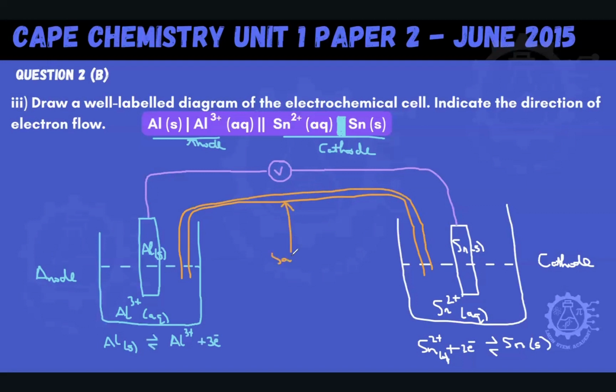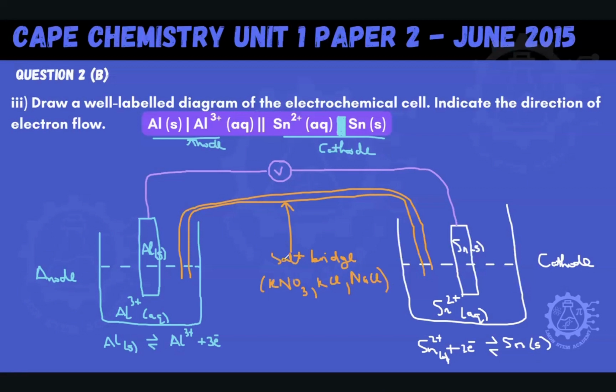That's my salt bridge. No, the question didn't specifically tell us what the salt bridge is made up of, but we know there has to be a salt bridge, and generally it can be made up of any strong electrolyte, right? So it can be made up of KNO3 or KCl, or it can be made up of NaCl, any strong ionic compound, right?